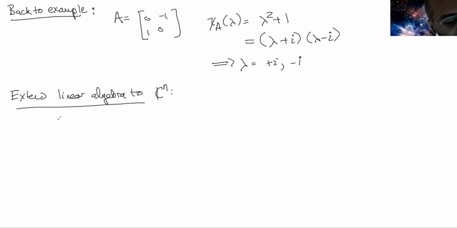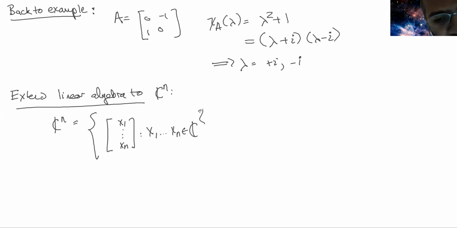So what do I mean by this? Well, I'm going to define some new vector spaces Cn, which are sets of, again, arrays of numbers. Now the numbers are complex. And I'm going to define some operations on these vectors, same as before. So how do you add two vectors in Cn?